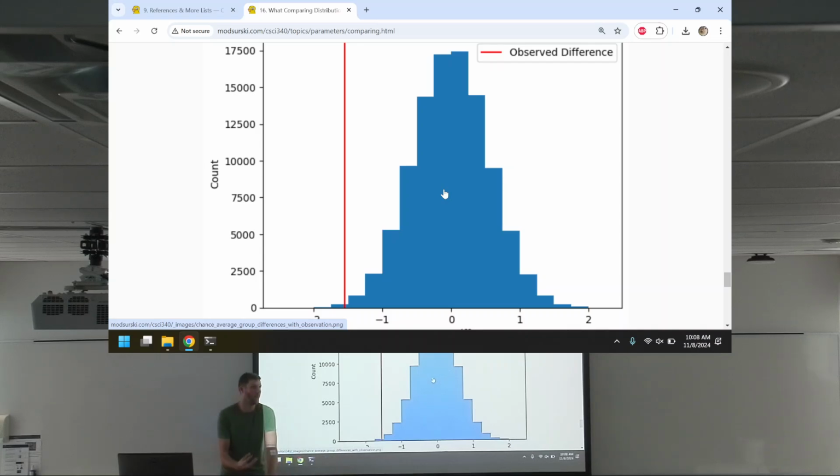So what's the probability that what I observed was by chance? Well, how many of the total observations are here or better? Depending on which way you're going, you might be over here. But the p-value is literally, what is the chance of this happening by chance? That's what the p-value is telling you.